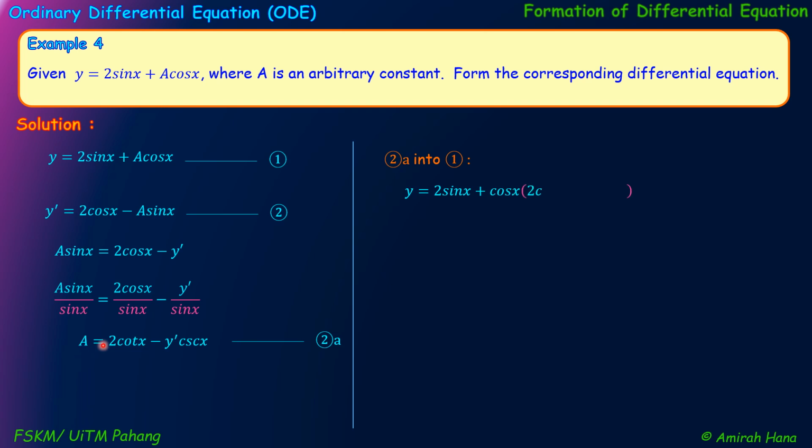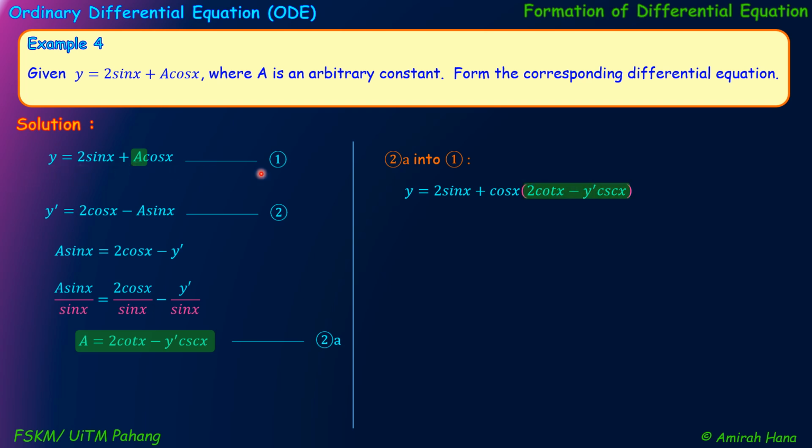So after we substitute equation 2a into equation 1, we get this. How do we get this? From here, a equals 2 cot x minus y prime cosec x. We substitute into equation 1, into a here.